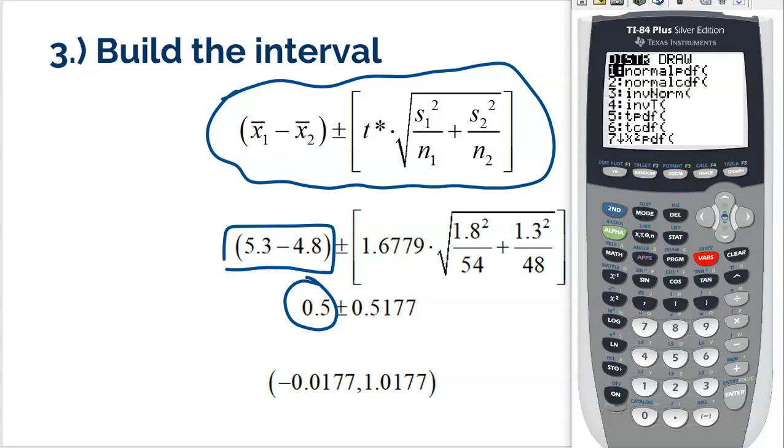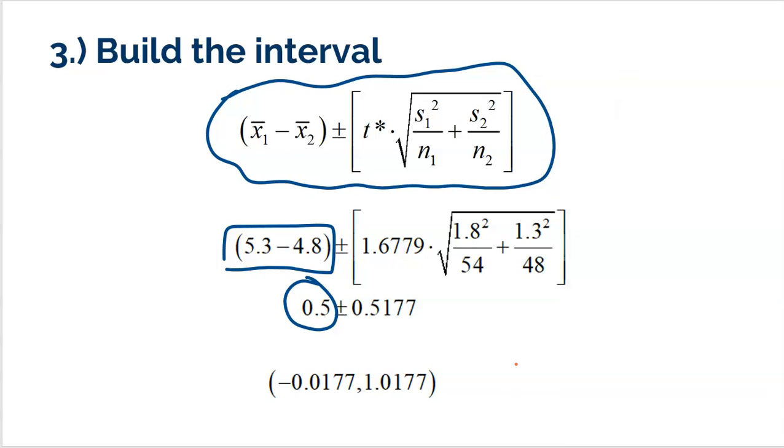I'm going to go to invert T. And I wanted to do a 90% confidence interval. So if I'm doing a 90% confidence interval, I put 0.05 at the bottom. And then I need my 47 degrees of freedom. And this is going to get me that wonderful T star I needed, 1.6779.